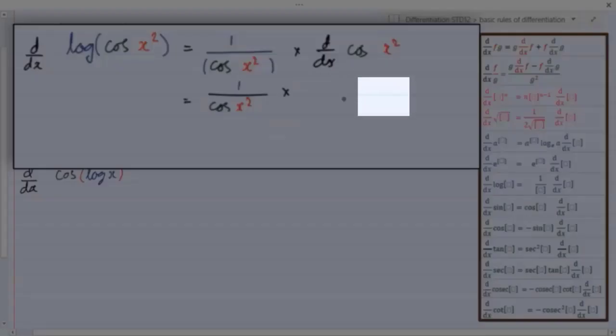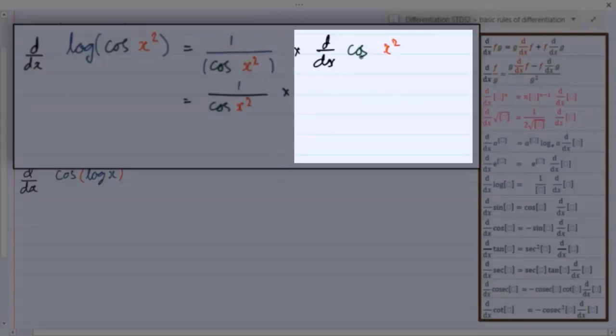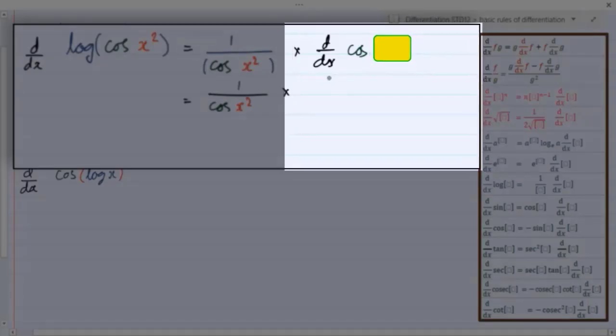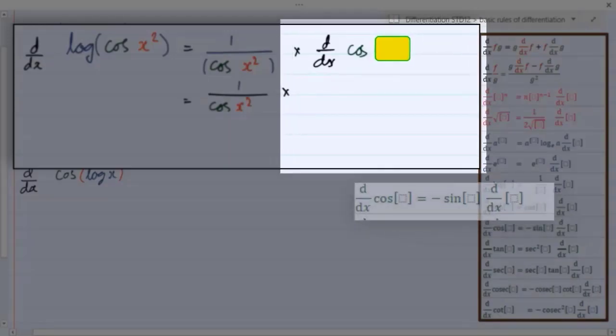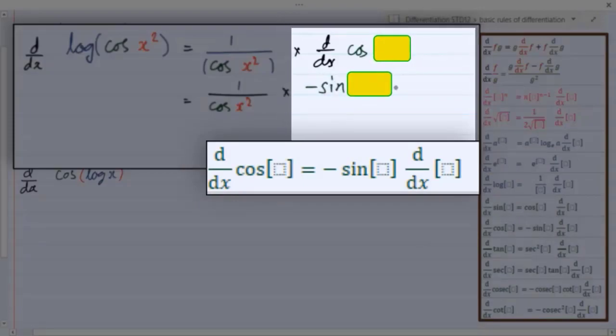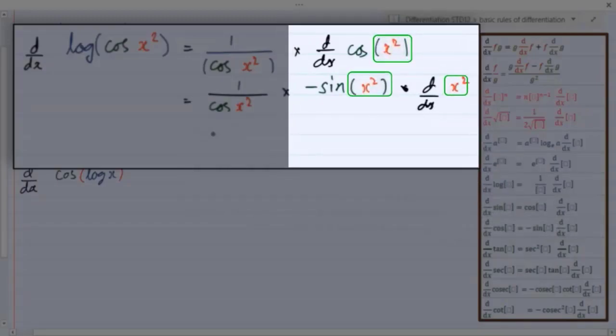We just have to differentiate cos x square, which is a combination of two functions. Cos is the outer one and x square is the inner one. So let's consider a box around the inner function, which is x square. We just have to differentiate cos box, which is minus sin box into d by dx of box, and within the box we have x square.